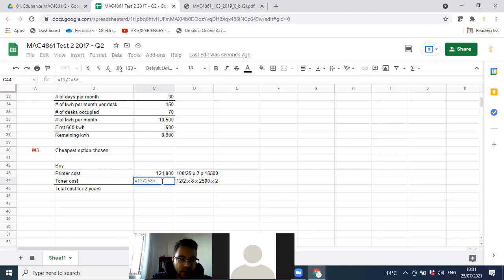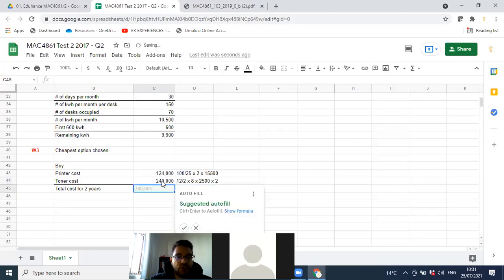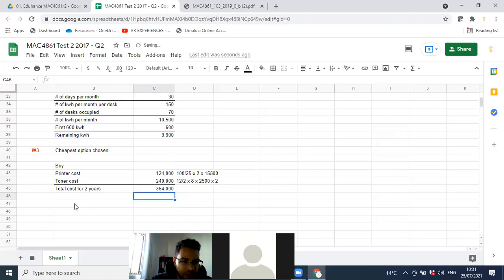Each toner costs 2,500, so the cost is 120,000 Rand. But we need it for 2 years, and that's only for 1 year, so we multiply by 2 to come to 240. So the total cost to buy printers for a 2-year period is going to be whatever this adds up to. Okay, 364.